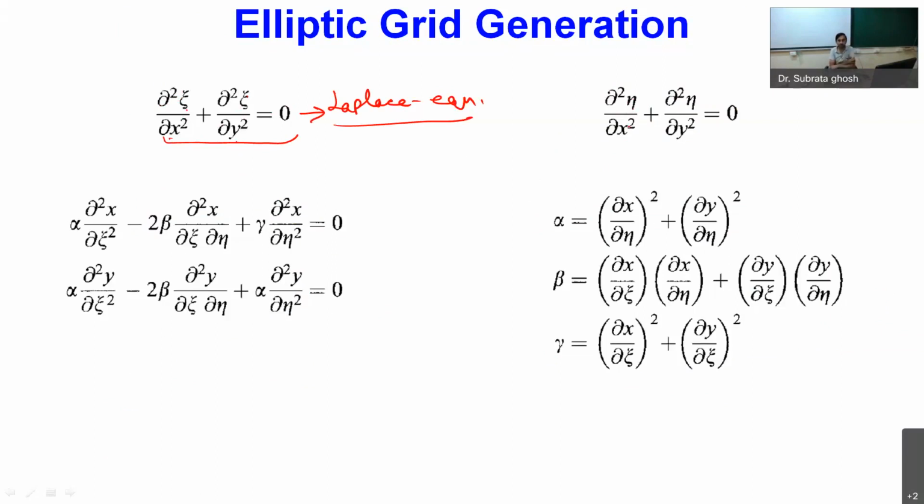Similarly, for eta also, I have written del square eta by del x square plus del square eta by del y square equal to 0. So zeta and eta are our dependent variables and x and y are independent variables. If we know the values at the boundaries, using these equations we will be able to predict the values of zeta and eta within this domain.